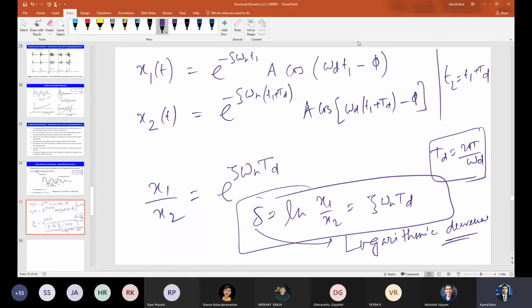If I know this, or if it's given to you, you can find zeta. Now let me simplify it, because Td also involves zeta. It is not simplified yet, but I'm trying to say that this is defined as the logarithmic decrement. Is it clear? Any calculation problem by anyone? Not understand anything? The delta is equal to zeta omega n Td. We'll move further.